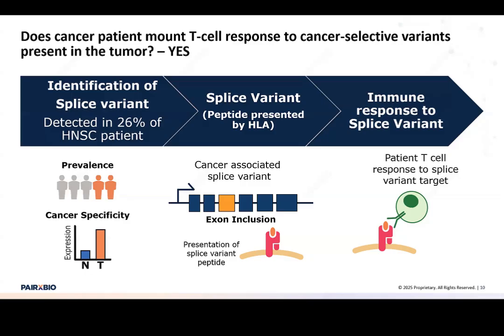The next thing we did was synthesize tetramers presenting this variant peptide, and look for T-cell responses in head and neck patients, whether they could detect T-cells that recognize that particular antigen. What we found is that head and neck cancer patients have T-cells that recognize this particular peptide-HLA complex, okay?